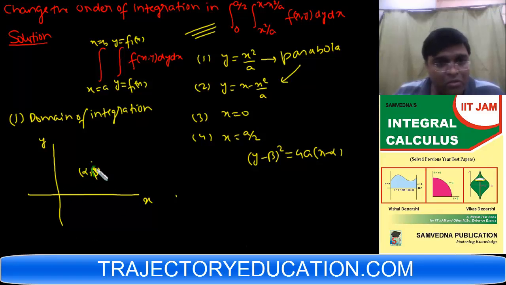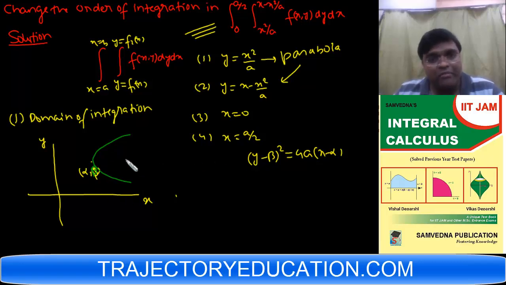This is beta. So your parabola is like this. This is a parabola with the axis parallel to the x-axis and (alpha, beta) as the vertex. If A is positive, it will be this parabola, and if A is negative, then the parabola will be like this.